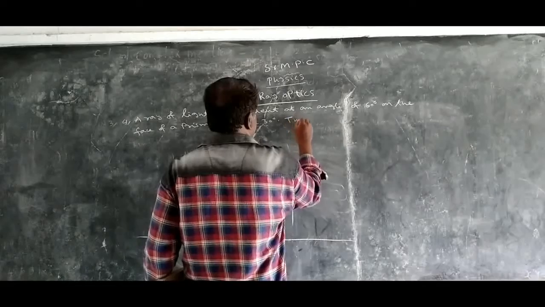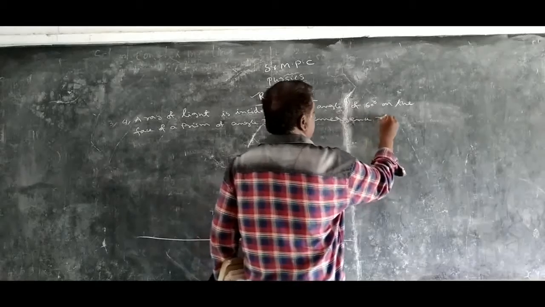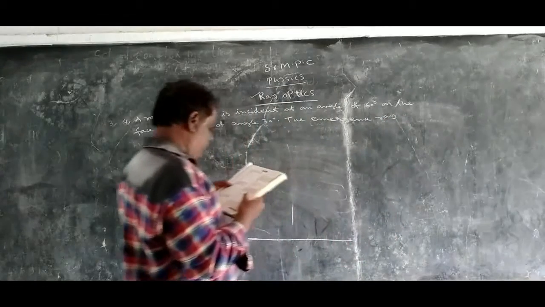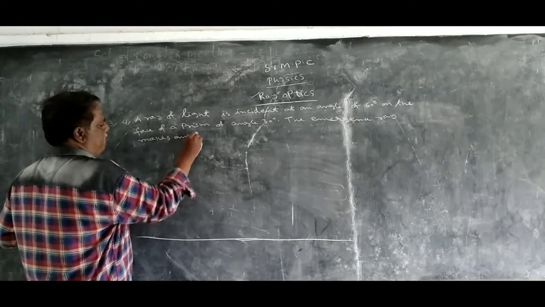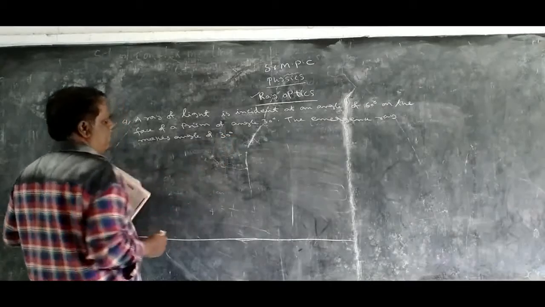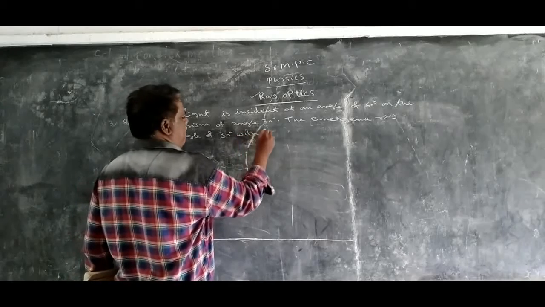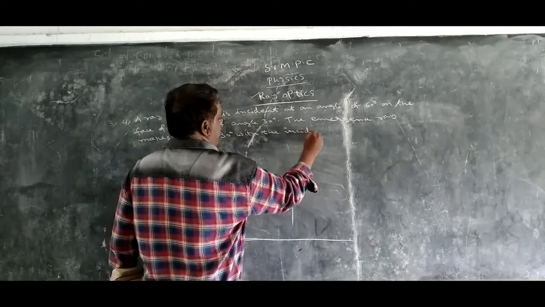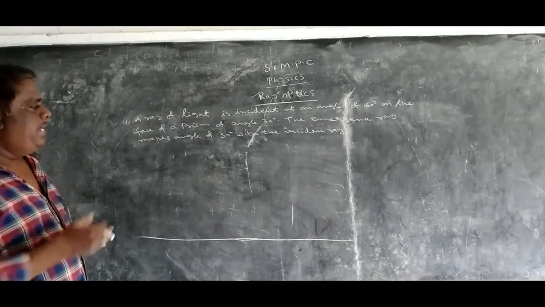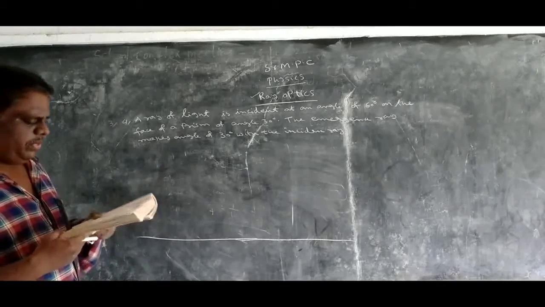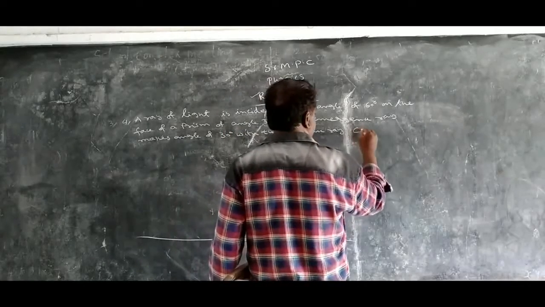The emergent ray makes an angle of 30 degree with the incident ray. Here angle of incidence is 60 degree, angle of emergence from the prism will be equal to 30 degree. Perfect. Calculate the refractive index.